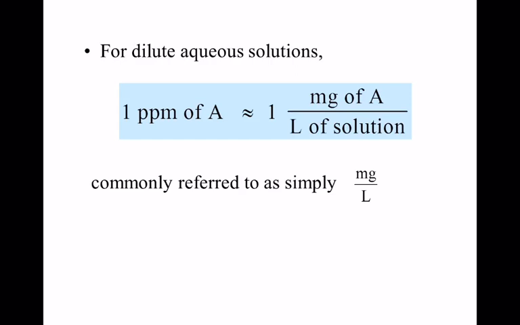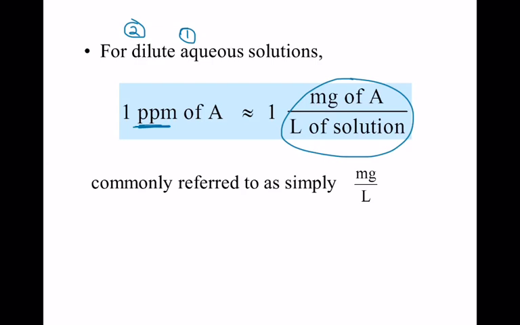So parts per million, I have a couple of tricks with parts per million, maybe just one trick. Here's one trick for you. Now this has two conditions. One is that your solvent needs to be water, and it needs to be a relatively dilute solution. If that is the case, then the way the density of water works out is you can use units of parts per million and milligrams per liter of solution interchangeably.